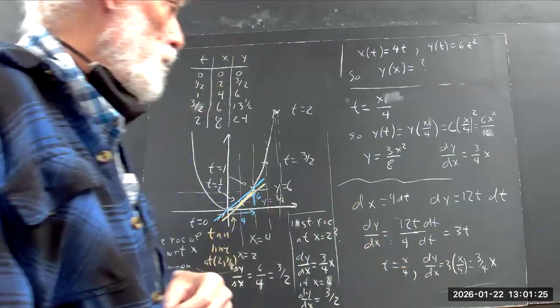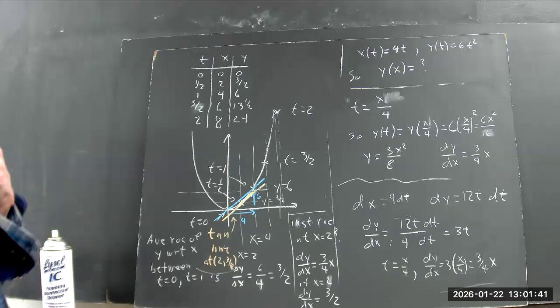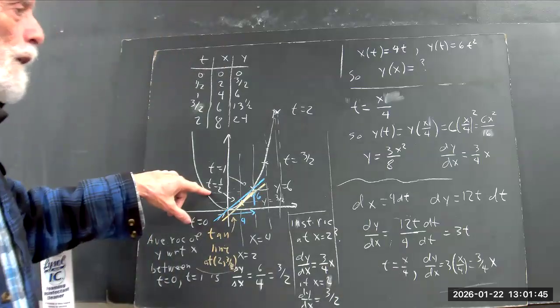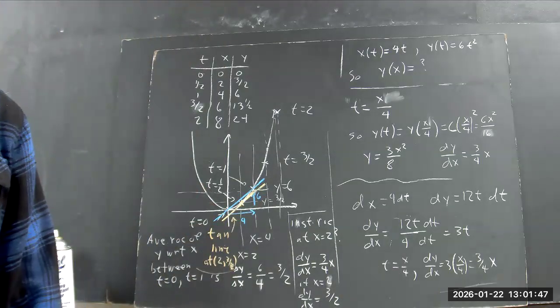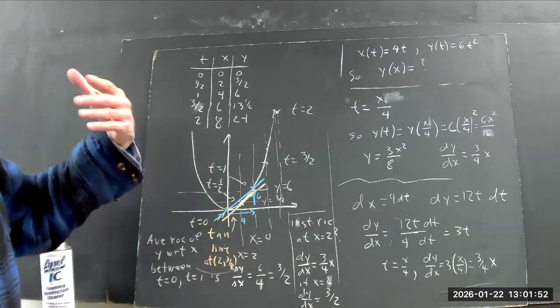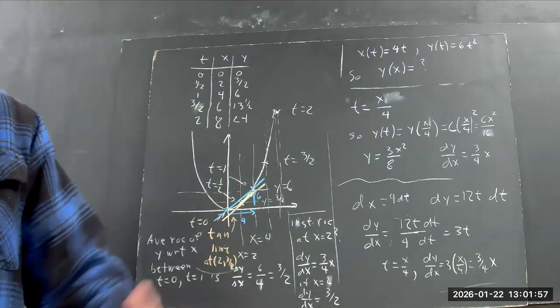And dy/dx is 3t, and 3 times 2, well, that's in terms of t. It's 3t. t is 1/2. Okay. I was using x instead of t because apparently my brain isn't totally focused right now.